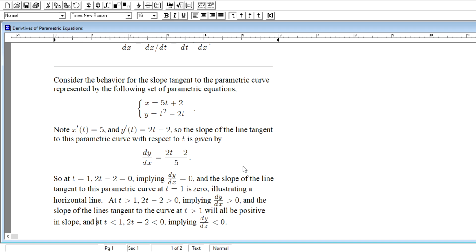And at t less than 1, that quantity 2t minus 2 will then be less than 0, making this numerator negative in value, and a negative divided by a positive is always negative. dy dx will then be less than 0.